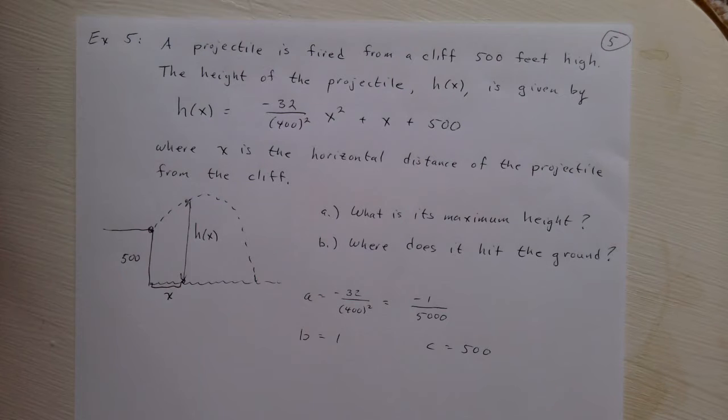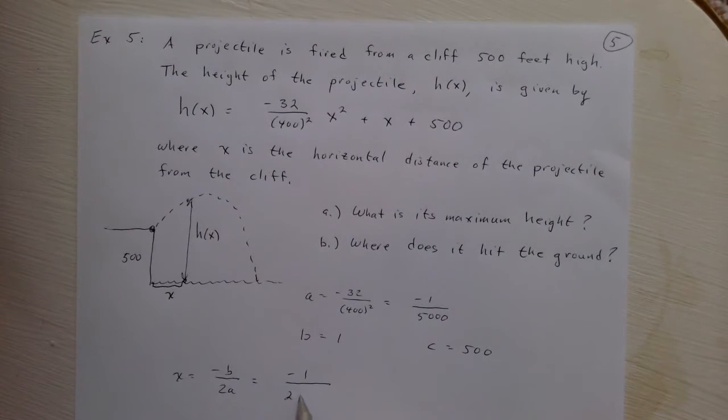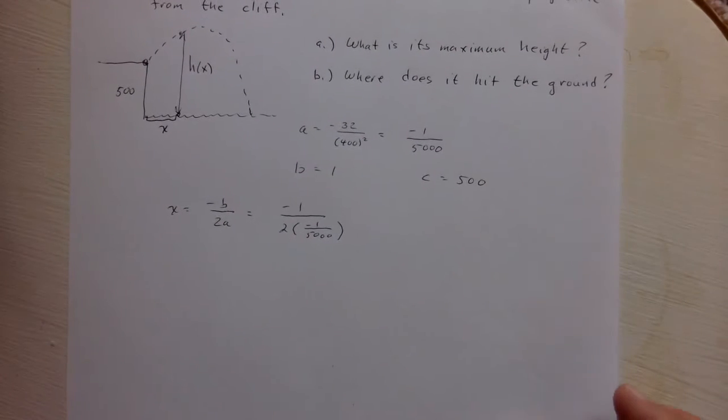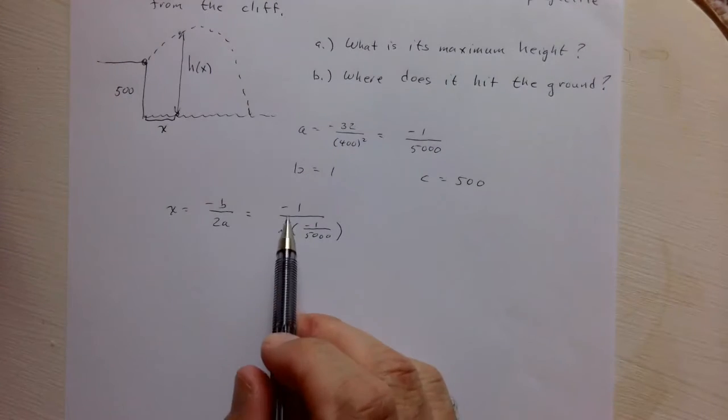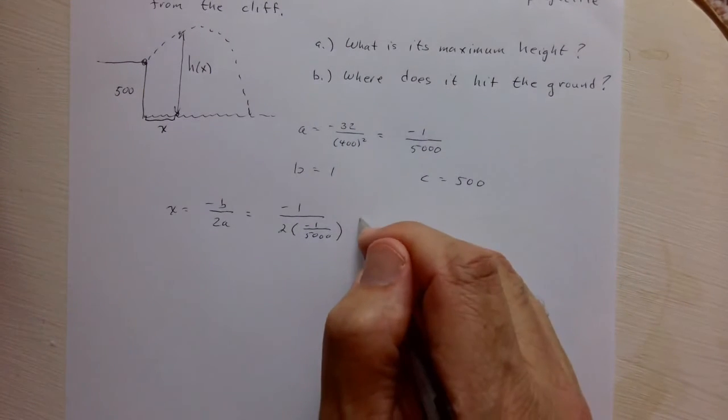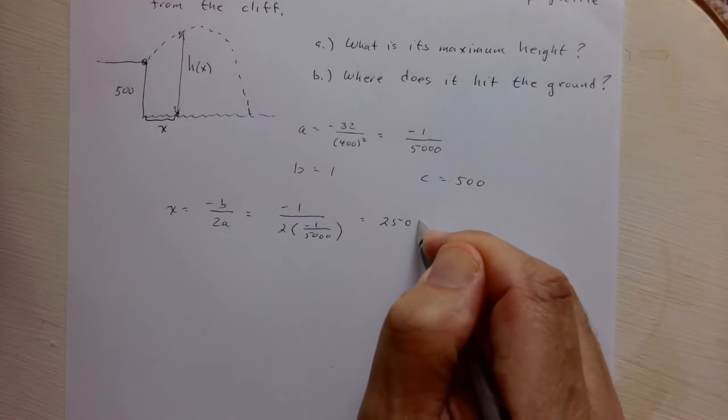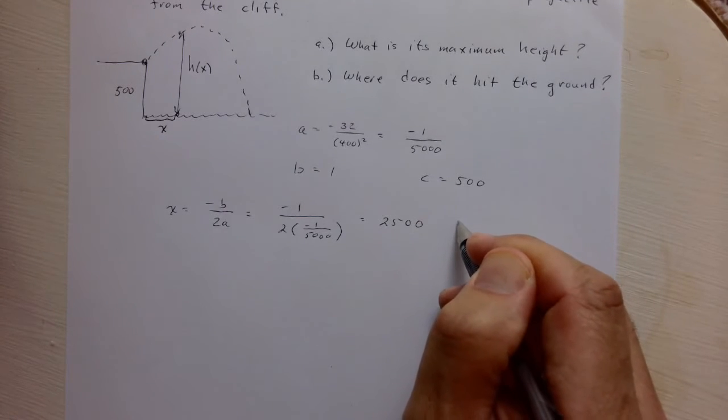So x equals negative b over 2a gives us negative 1 over 2 times negative 1 over 5,000. Fortunately, you can see the minus signs cancel out, and this turns out to be 2,500 feet, I guess.